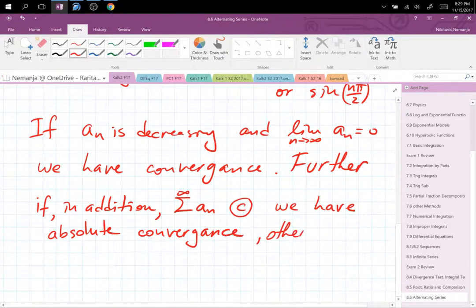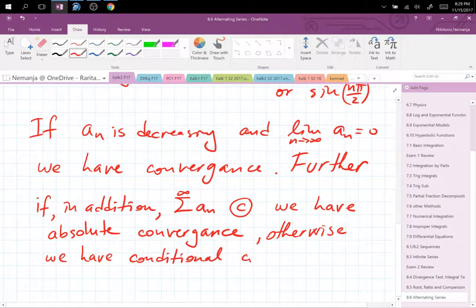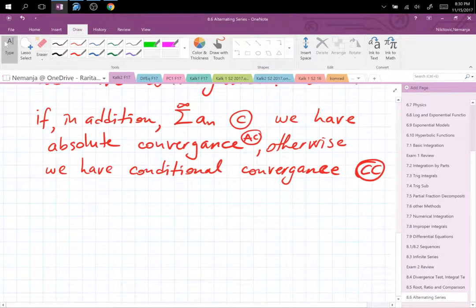Otherwise, we have conditional convergence. I put CC for that one, and AC, absolute convergence, for that one. All right, this is way too many words.